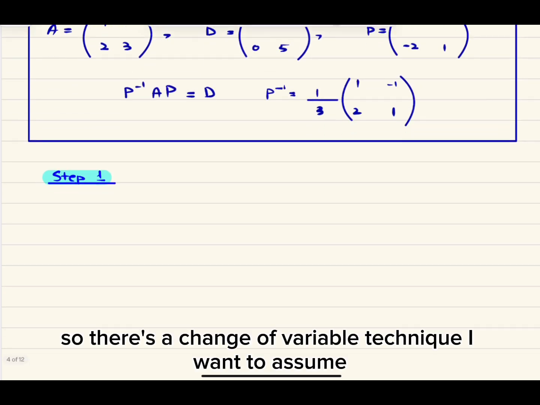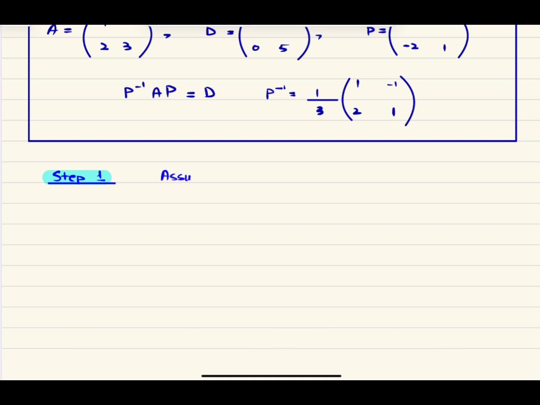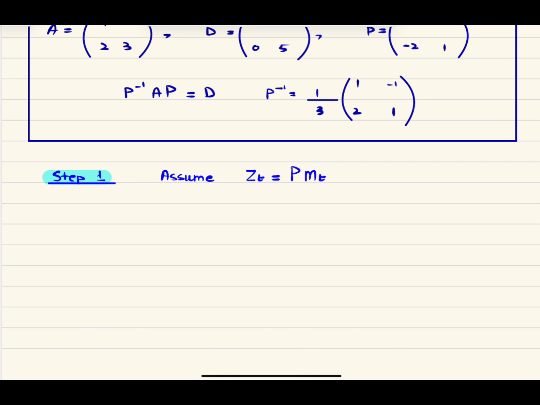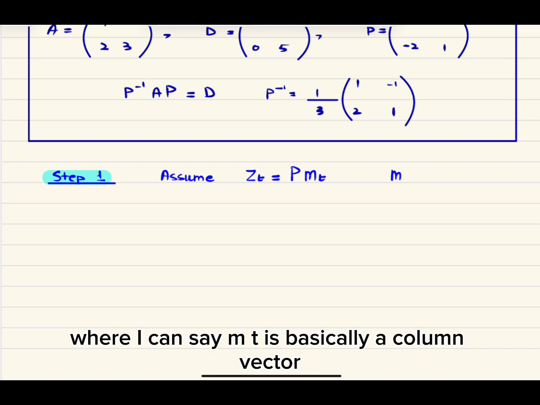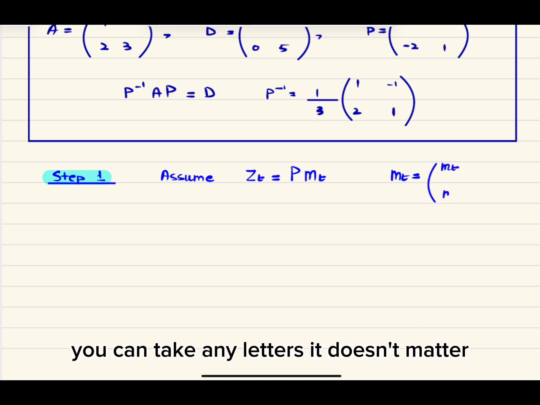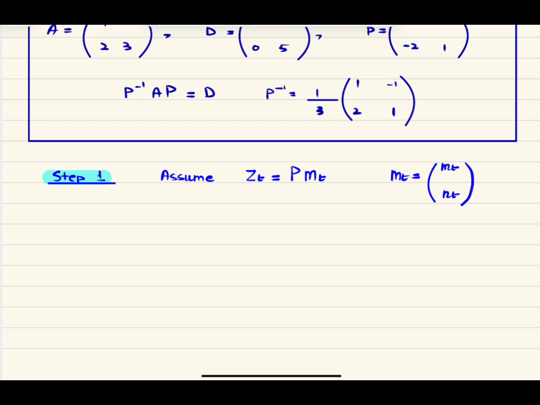So there's a change of variable technique. I want to take z_t to be the P matrix multiplied by m_t, where m_t is a column vector; you can take any letters, it doesn't matter.